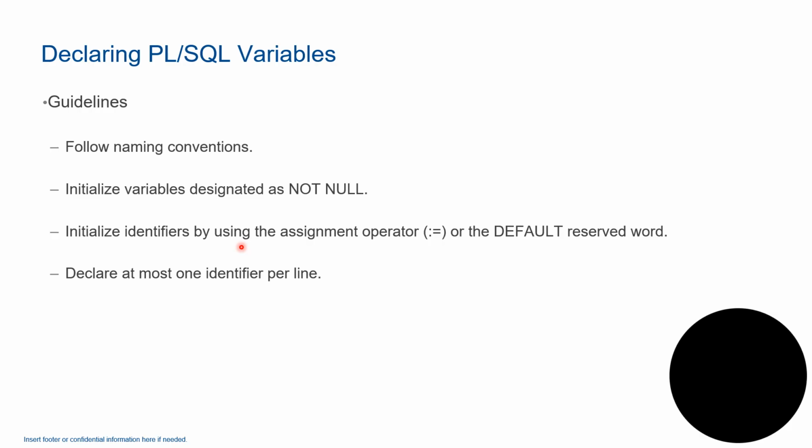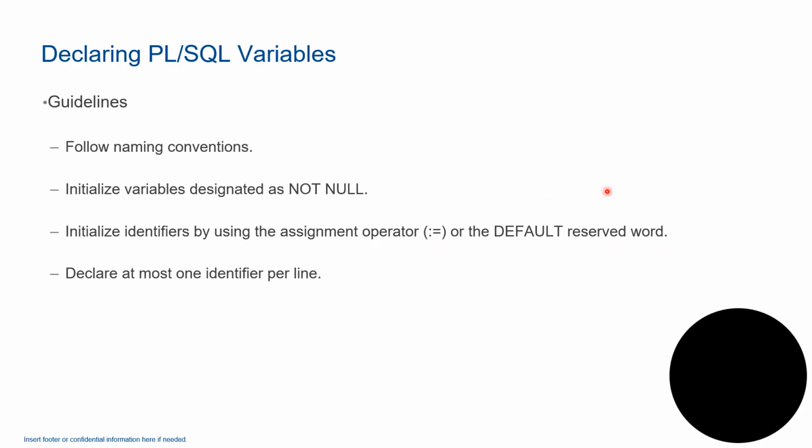Now some guidelines to follow. You have to follow naming conventions. You have to initialize variables which are designated as not null. Then initialize identifiers using the assignment operator, if you want to assign some value, or the default reserved word.